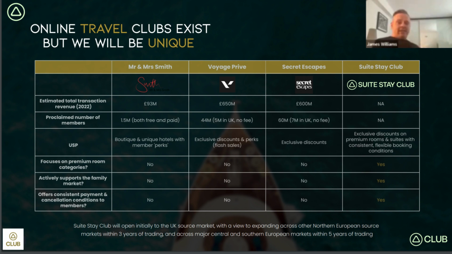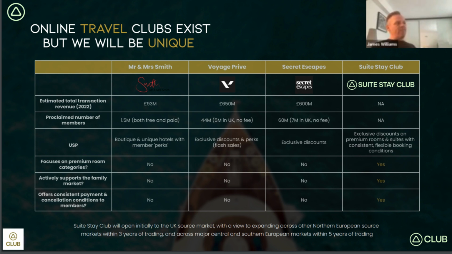The other one that we picked out here is Smith, a curated collection of properties, typically higher end focus. But again, I think the key differentiator for us is really that focus on premium room categories and the markets that we appeal to, as well as us taking a consistent approach towards cancellation and payment conditions.